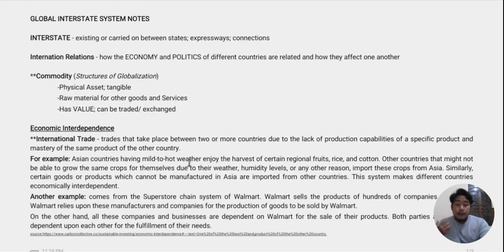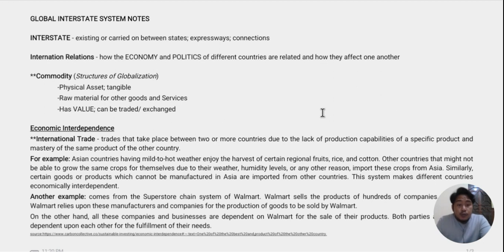Now, for example, Asian countries have a good climate for growing and harvesting commodities like regional fruits, rice, cotton, and other essential commodities. While other countries like European countries, countries like the United States, might not be able to grow those commodities or those products for themselves because of factors like the weather, climate, humidity, and any other reasons.